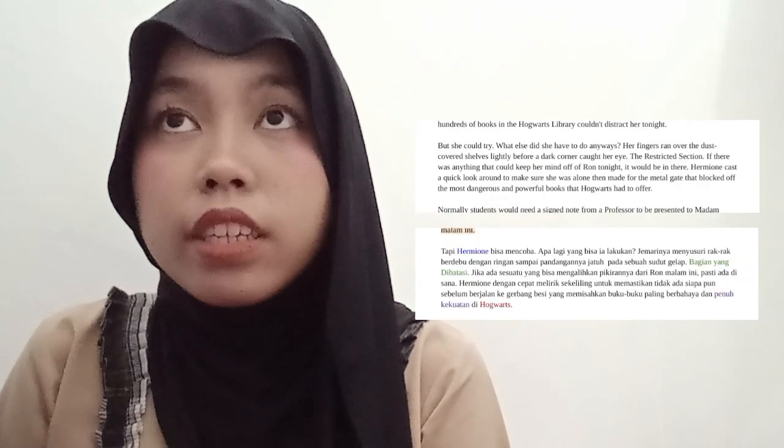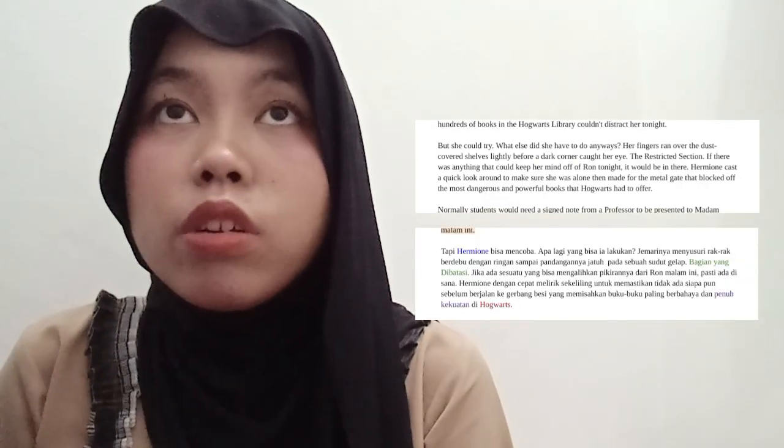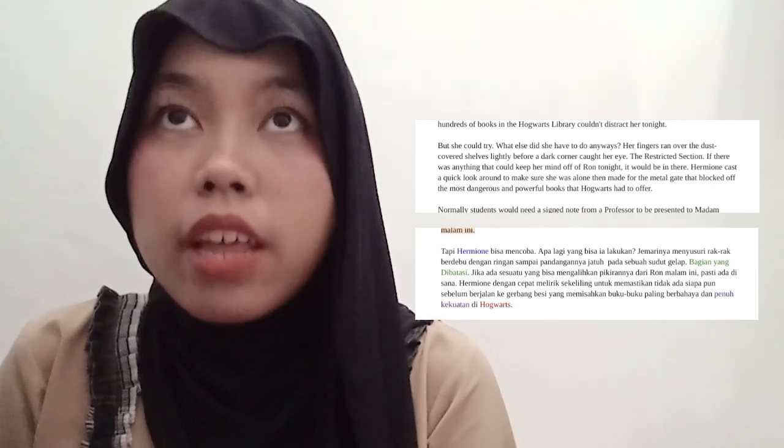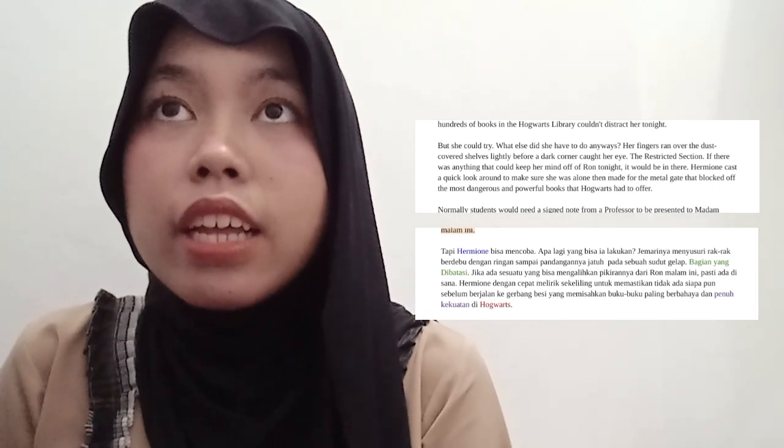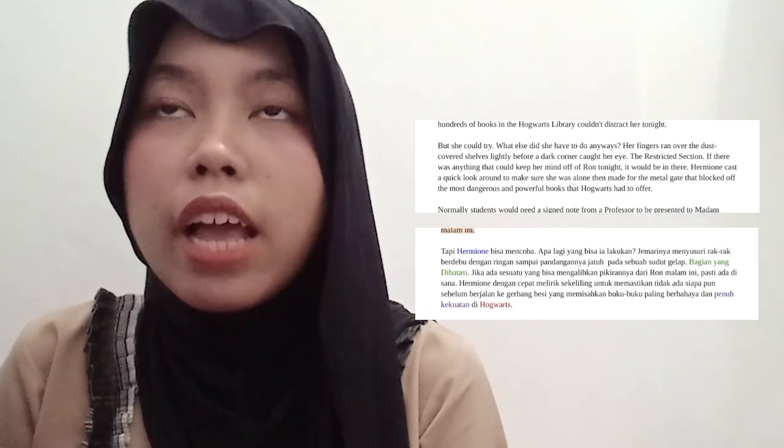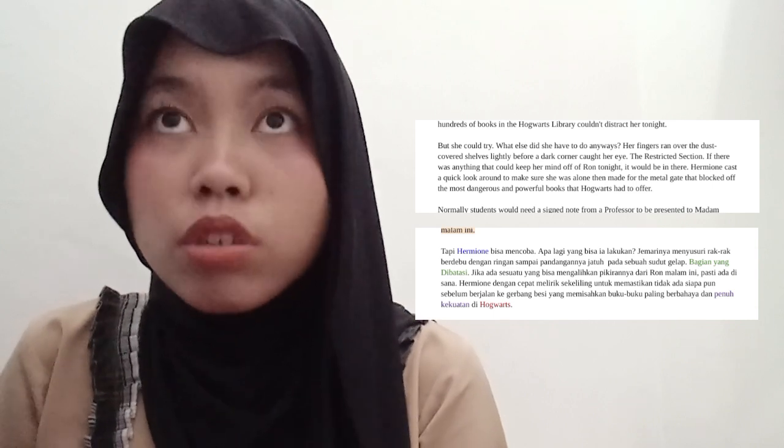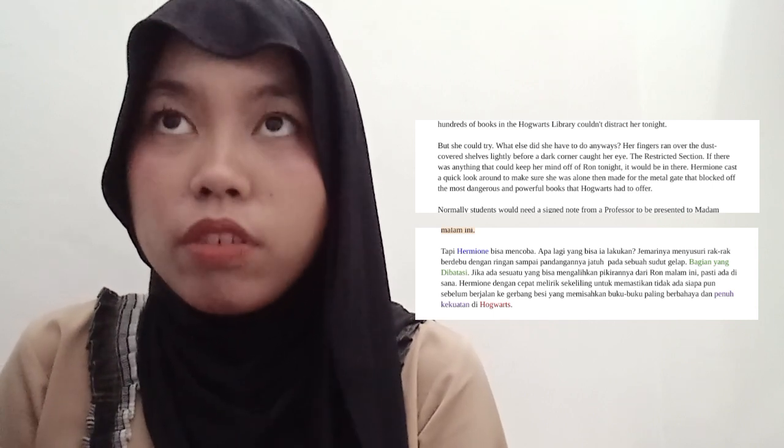Now let's talk about the translation techniques that I used. Aside from methods, I use various techniques too, such as linguistic amplification. For example, there is "Hermione cast a quick look around to make sure she was alone, then made for the metal gate that blocked off the most dangerous and powerful books that Hogwarts had to offer."